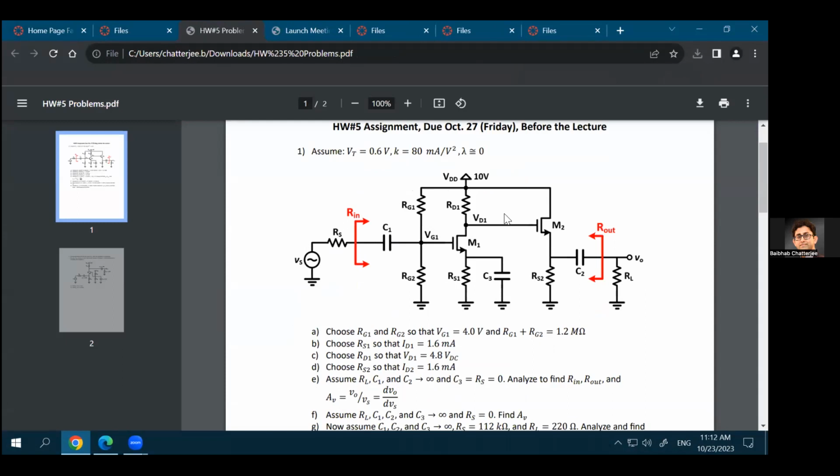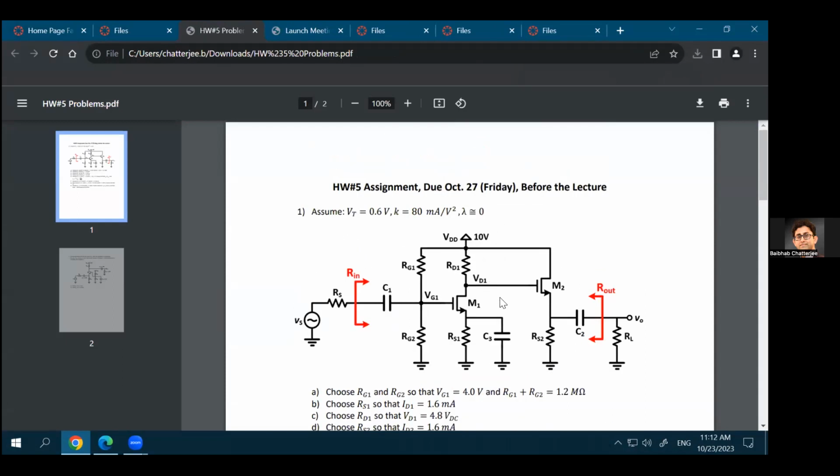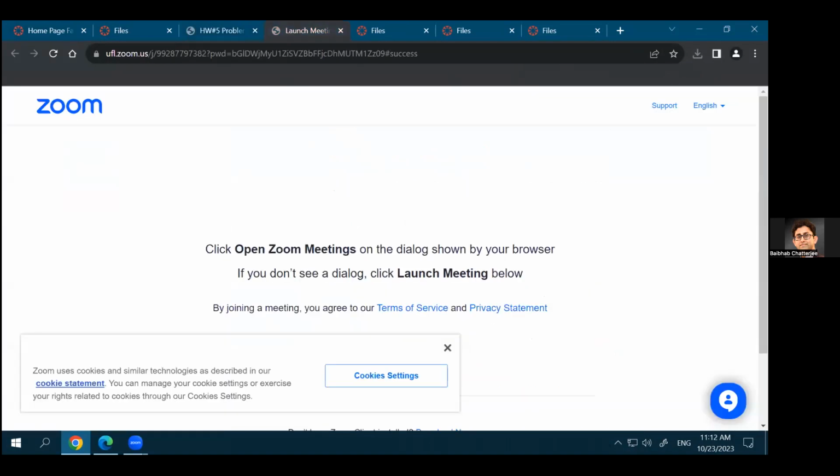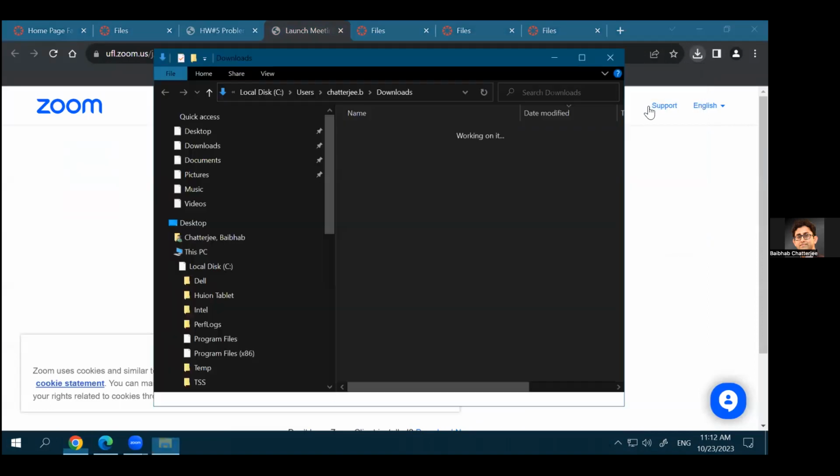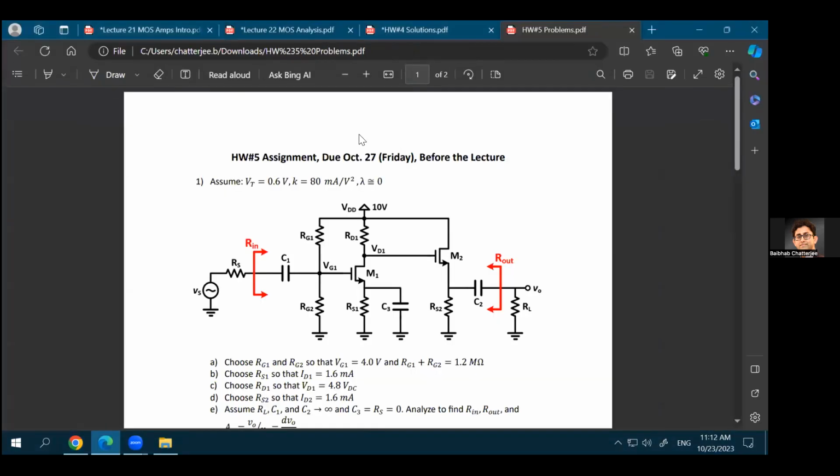All right. In your homework 5, you see that there is a two-stage amplifier. Why are we calling it a two-stage amplifier? So you already know about this to be the resistance associated with the source. You're coupling that input value with the help of a capacitance.